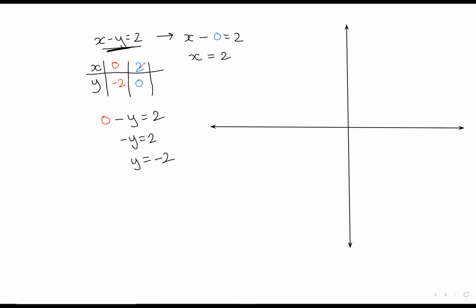So now we have 2 points: 0, comma minus 2 and 2, comma 0. Now let's plot these points. First of all, I'm going to make these markings. 0, 1, 2, 1, 2, 1, 2.